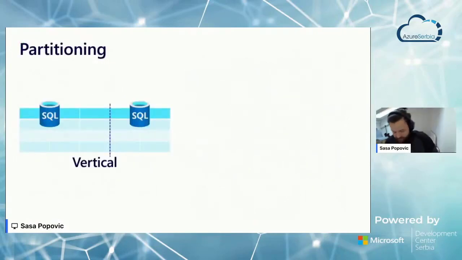So I'll talk a bit more about partitioning. There are generally two types. One is vertical, where different tables or even different columns can be split to different servers. Let's say we have a set of tables and columns that are being frequently changed, and they have a relatively small volume of data.